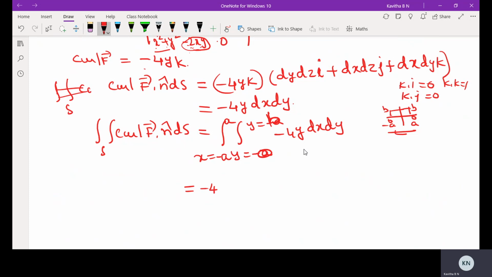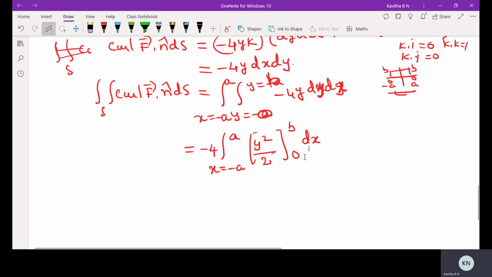Then take minus 4 common, the integral of x from minus a to a, then the integration of y dy into dx. The integration of y is y square by 2, with interval 0 to b, into dx. Then apply the upper and lower limits: minus 4 into the integral of x from minus a to a, take 2 outside of the integration, y square with interval 0 to b, dx.